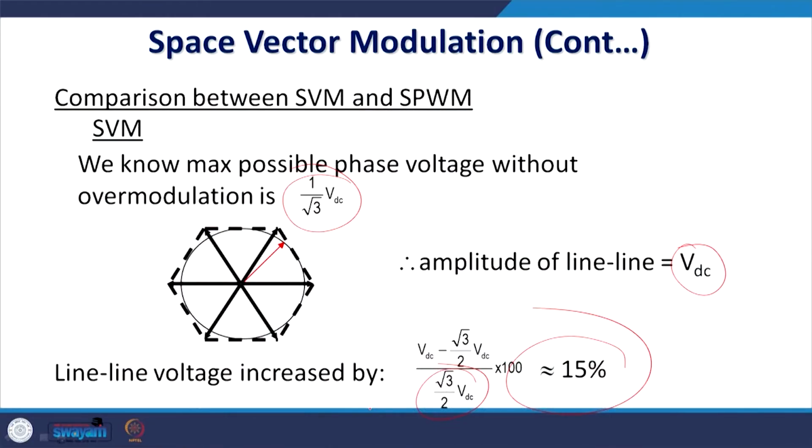With a lower DC bus voltage, that means less stress on your components, you can achieve 15% more line voltage. For this reason this method is preferred, even though it has computational complexity.